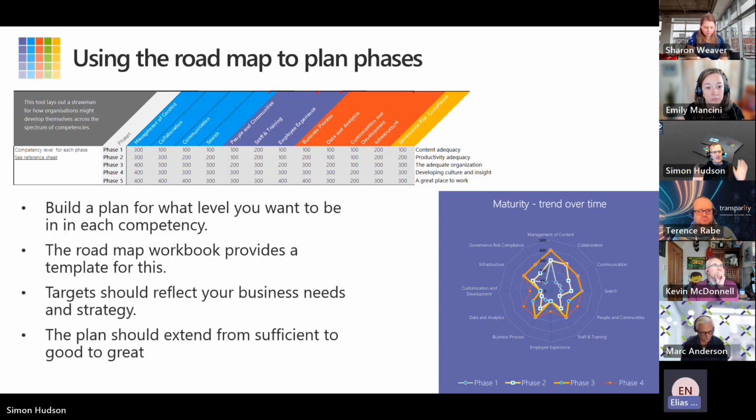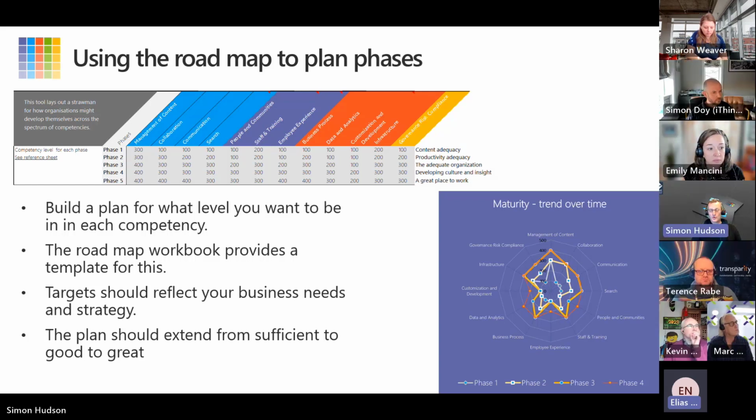So, a couple of things about that. Whatever you choose as those numbers, first of all, don't be ridiculously ambitious because I'll just break you. Be pragmatic and sensible. But as Sharon was saying, make sure that they tie into your strategic objectives or your organizational objectives, partly because A, that's how you're going to drag the management to support you, and B, because that's kind of what you should be doing.